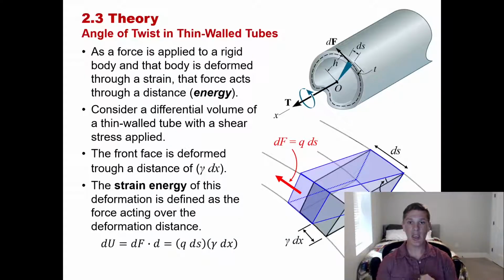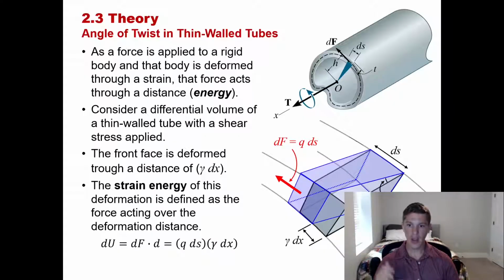I may say, okay, it can only deflect 2 degrees. It can only deflect 5 degrees. How much it can deflect is going to be dependent on your problem, but those are the two main ways that we're going to have to design shafts: we have to design them so that they don't fail and so that they don't twist an excessive angle of rotation when you apply the torque to them, because that excessive twist may cause your system to no longer act in the way that you designed it.